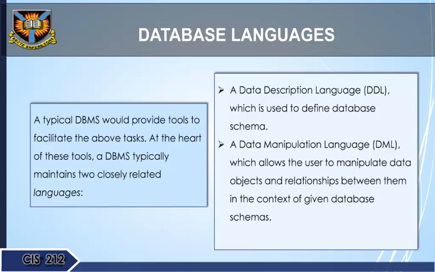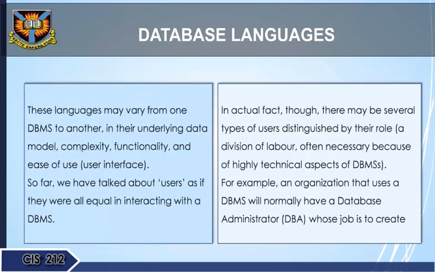At the heart of these tools, a DBMS typically maintains two closely related languages: a data description language (DDL), which is used to define the database schema, and a data manipulation language (DML), which allows the user to manipulate data objects and relationships between them in the context of given database schemas. These languages may vary from one DBMS to another in their underlying data model, complexity, functionality, and ease of use, the user interface.